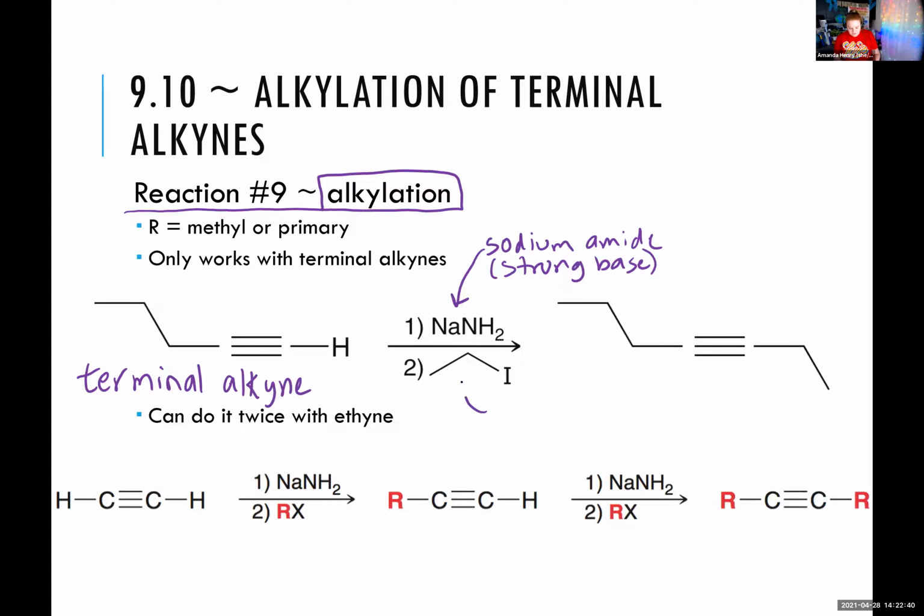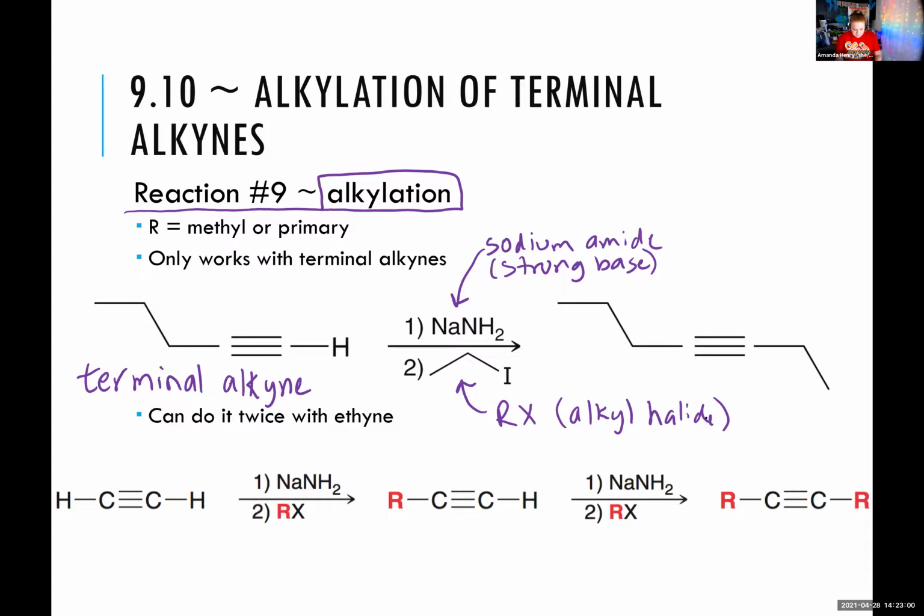So the one that's shown here, we're looking at ethyl iodide. So we just need RX, we need an alkyl halide. So it doesn't have to be iodine. Bromine or chlorine would work as well.